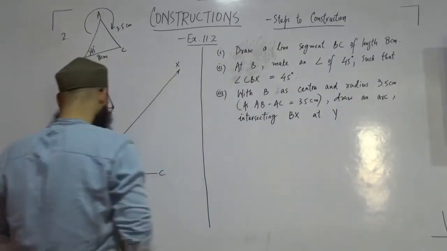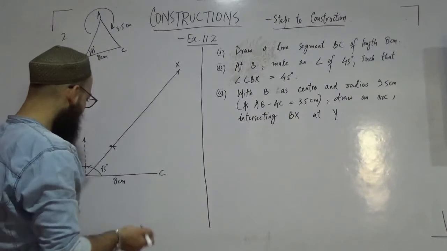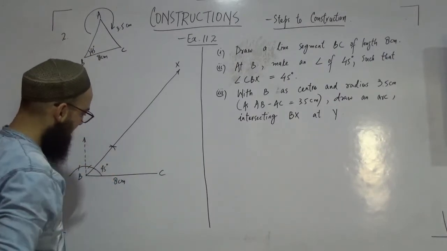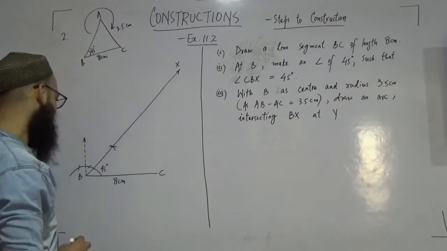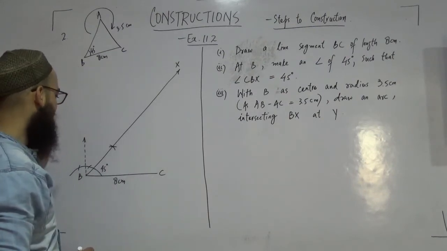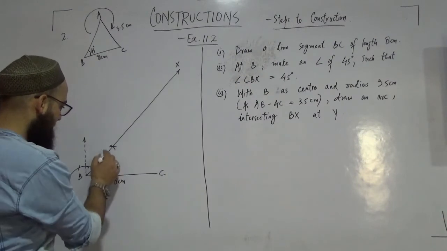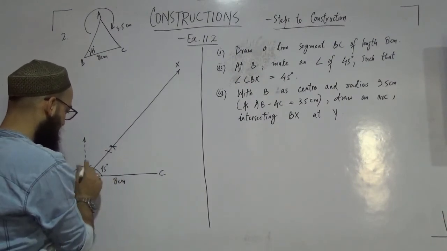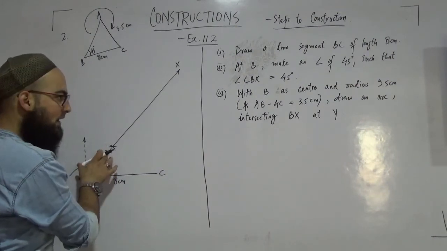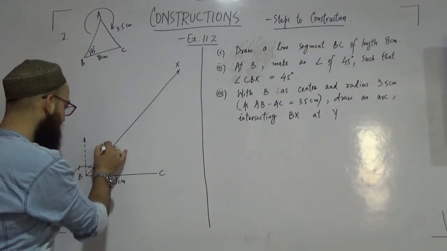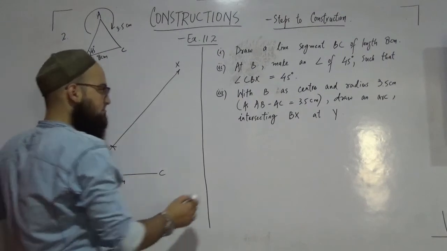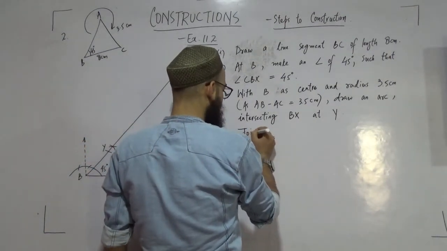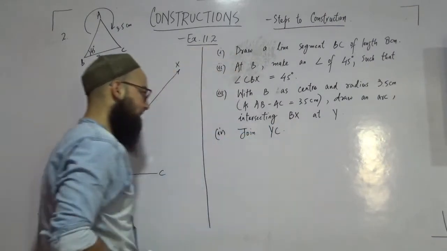So we'll go like this. With radius 3.5, draw an arc. So let us say this point is Y. Now after that, join YC.